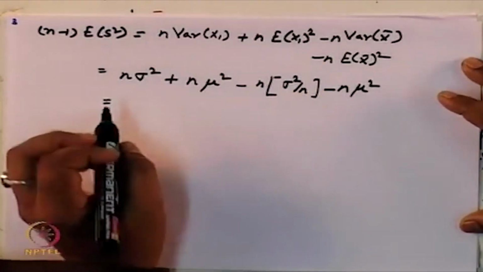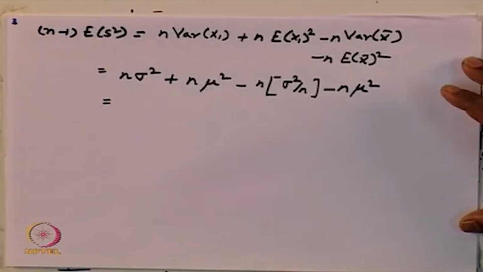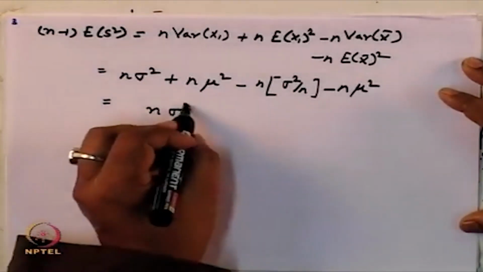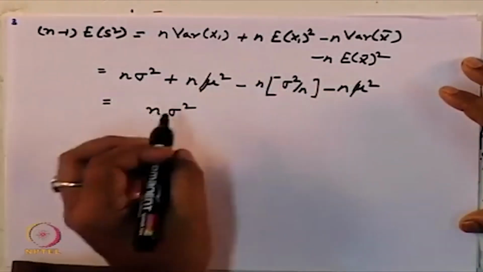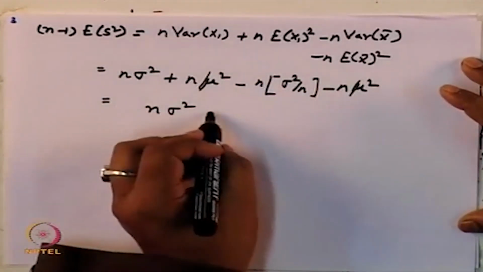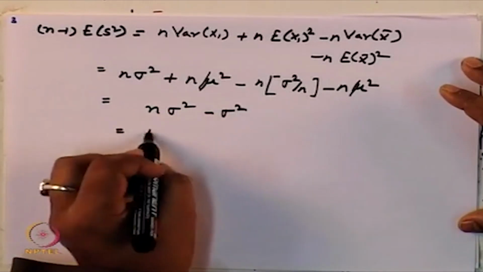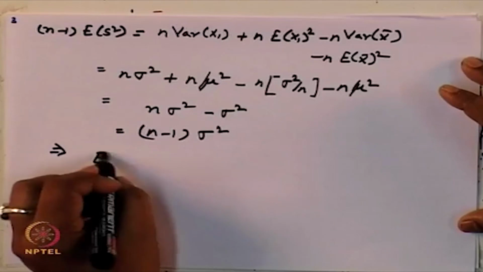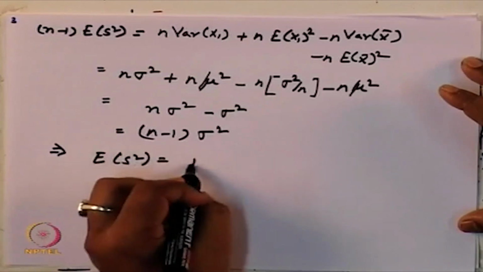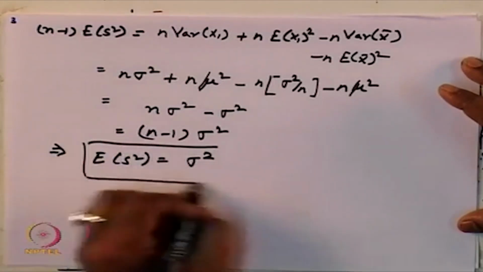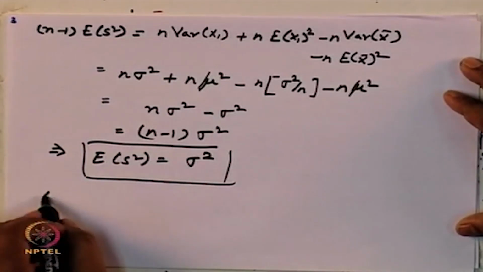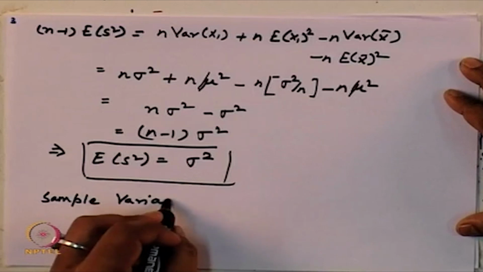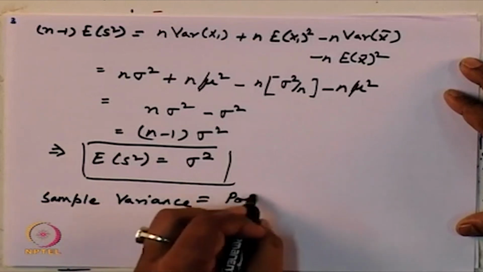This gives n sigma square minus sigma square, as the mu square terms cancel each other out, which equals n minus 1 into sigma square, implying expectation of s square is simply equal to sigma square. Thus the expected sample variance is equal to the population variance.